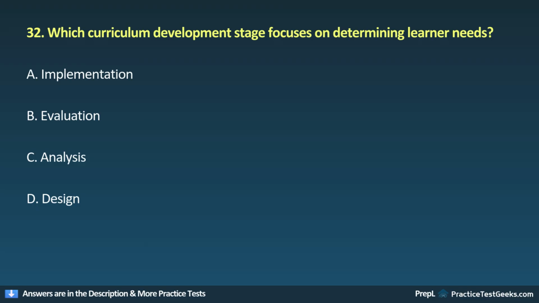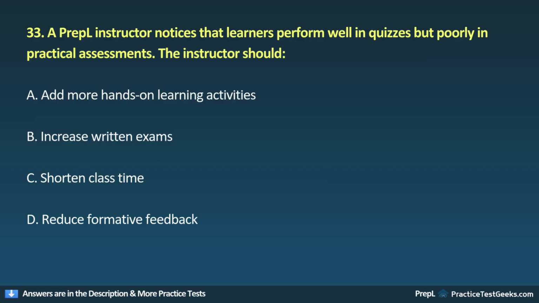B. Evaluation. C. Analysis. D. Design. 33. A PrepL instructor notices that learners perform well in quizzes but poorly in practical assessments. The instructor should A. Add more hands-on learning activities. B. Increase written exams. C. Shorten class time. D. Reduce formative feedback.